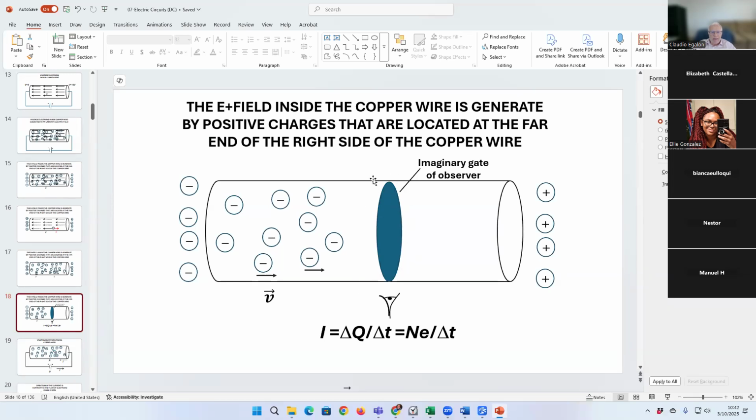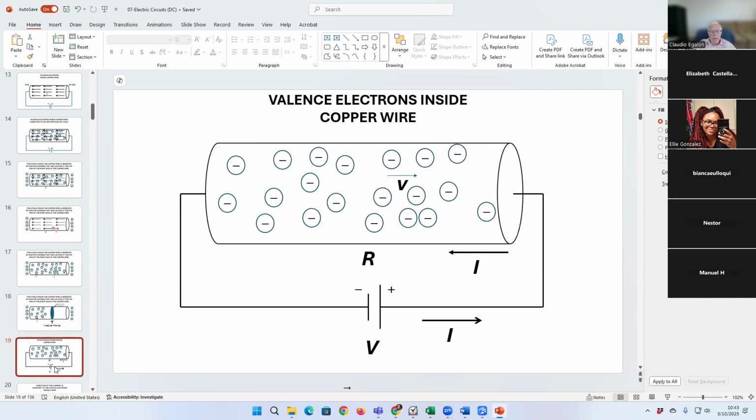Think of this cross section as a gate, and we have this small green man that's capable of watching how many electrons cross this gate. That's how electric current is determined. The number of electrons crossing this gate in a given unit of time is going to be the current.